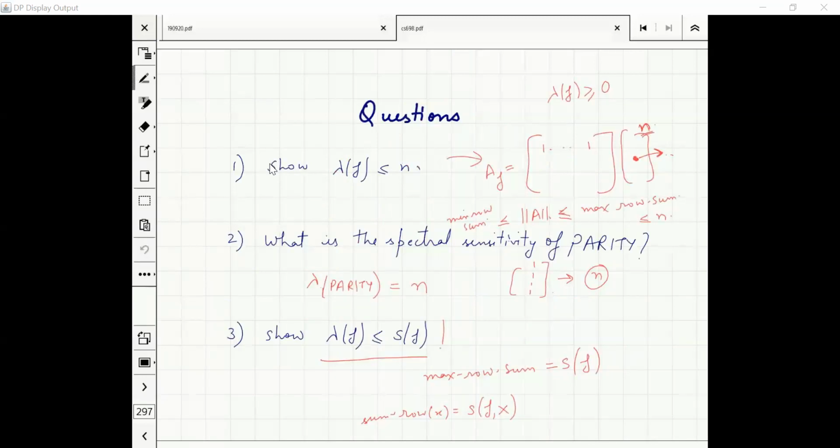In general, we know that lambda f is less than or equal to sensitivity, but if for all x, s f of x had the same value, then lambda f is equal to sensitivity, because every row will sum up to the same.